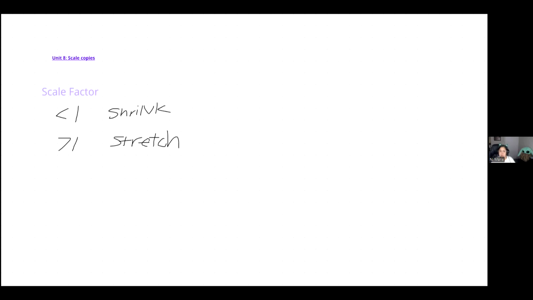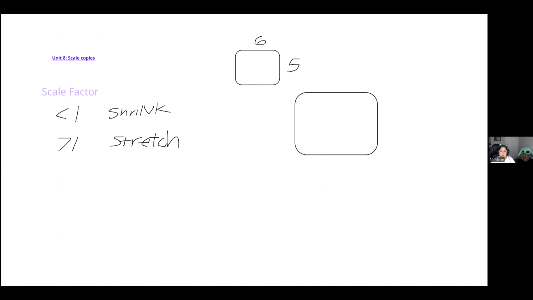So let's say I have a rectangle. This here is 5, and this is 6. Well, I can double my rectangle. I can make it bigger, a scaled copy.